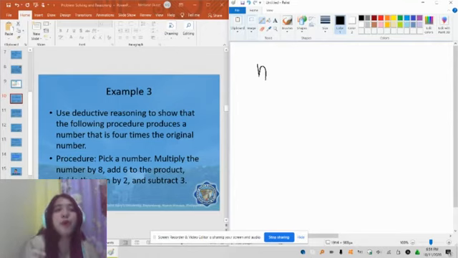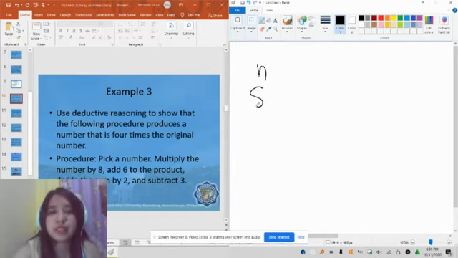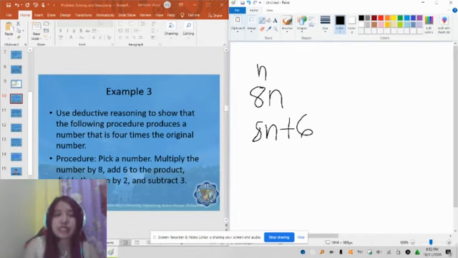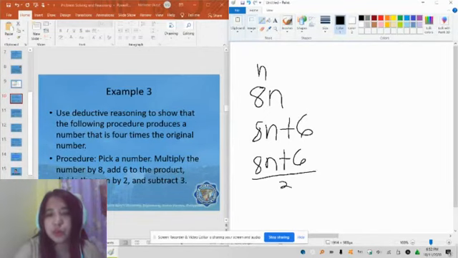And the next, multiply the number by 8. That is 8n. Add 6 to the product, 8n plus 6, and divide the sum by 2. So it is (8n plus 6) over 2, or this is 8n over 2 is 4n. 6 divided by 2 is 3.